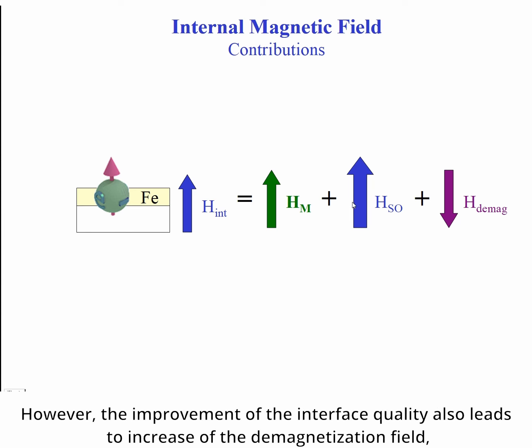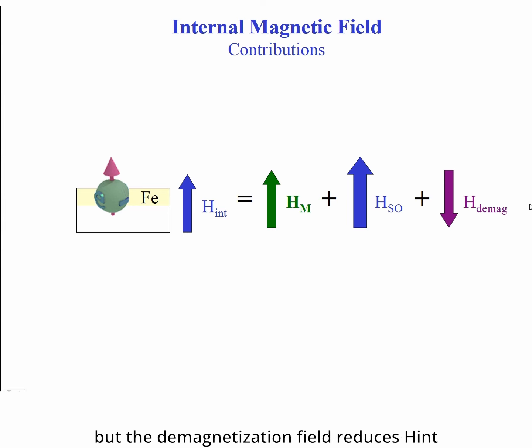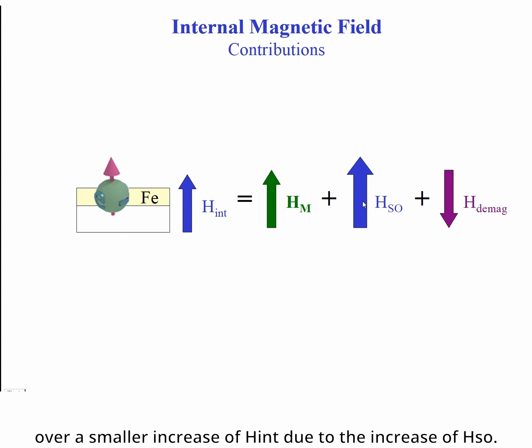However, the improvement of interface quality also leads to an increase of the demagnetization field, but the demagnetization field reduces the internal magnetic field. As this experimental measurement shows, a larger reduction of internal magnetic field due to the increase of demagnetization field dominates over a small increase of internal magnetic field due to the increase of the magnetic field of spin-orbit interaction.